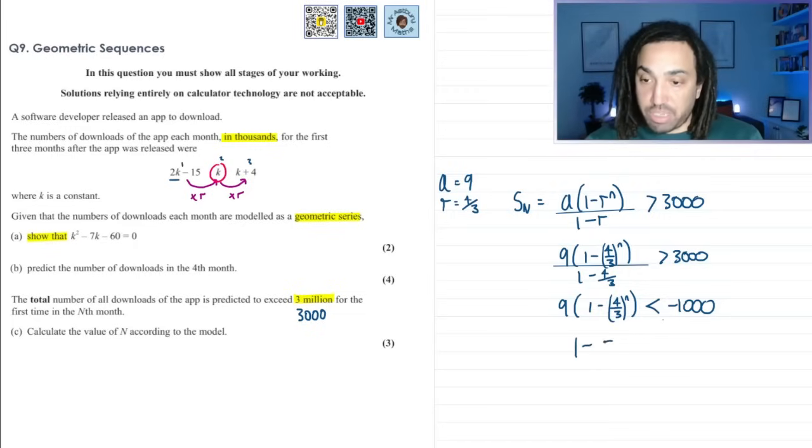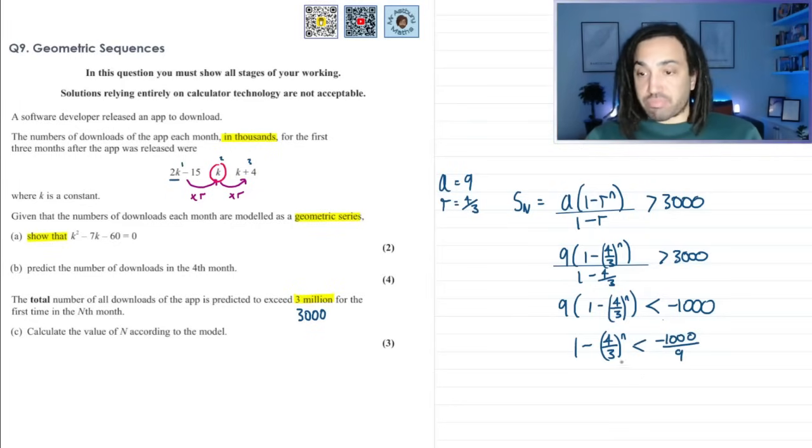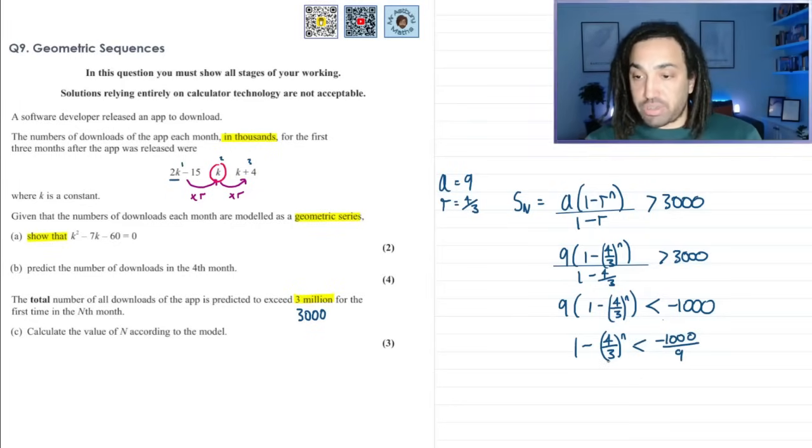Okay, perfect. So now we're going to divide through by 9 to get minus 1,000 over 9. And then we're going to do a little bit of rearranging.